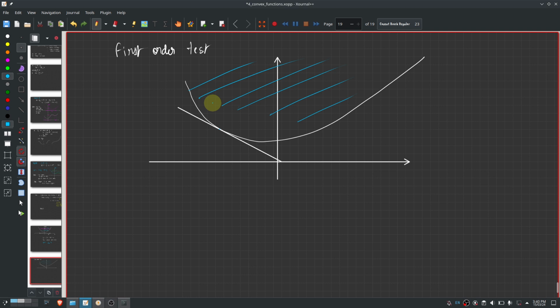Correct? And the two notions are exactly the same, geometrically speaking, because one is saying that the curve is always above the tangent, which means that the epigraph is always going to lie above the tangent, so to speak. And that's the same as saying that if I consider the supporting hyperplane, then the entire epigraph is on one side of the supporting hyperplane.